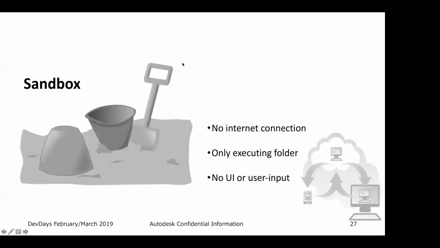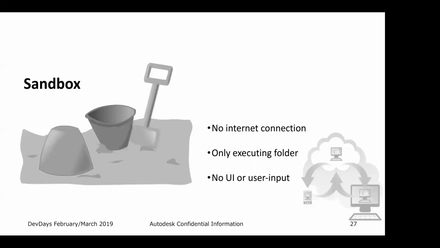Moving forward, one very important topic about Design Automation, and this is valid for all the engines, is that Design Automation runs in a sandbox environment, and this is very important. This means that we don't have access to the internet during the processing of the file. We can just send files at the beginning and collect the files in the end.